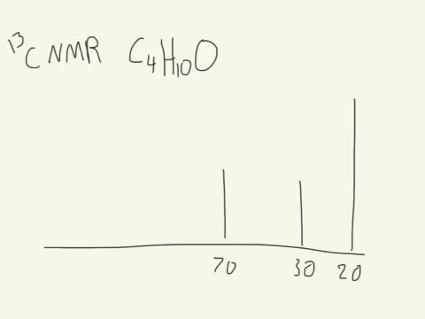So here's something new. This is not an H NMR anymore, not a proton NMR. This is a carbon-13 NMR. So this is absorbing frequencies by the nucleus of a carbon-13 isotope. And a difference between the carbon-13 and the proton NMR is that in the carbon-13 there is no splitting.